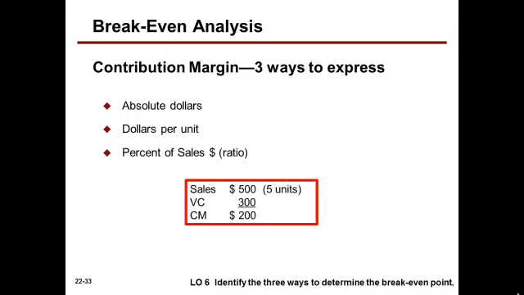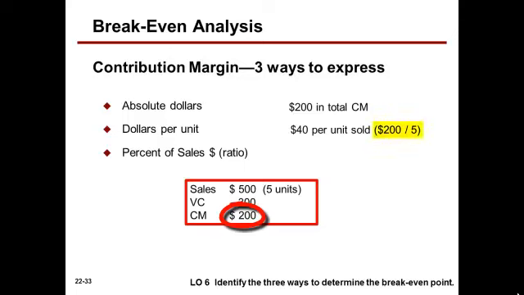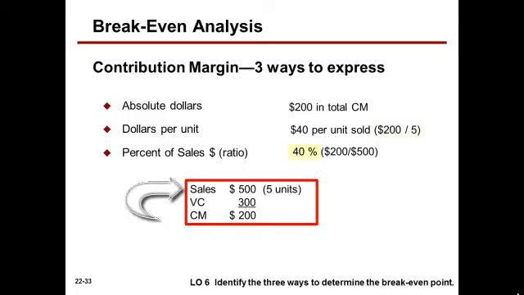Our variable costs are $300. Contribution margin in total is $200. So in absolute dollars, our contribution margin is $200. Our contribution margin on a dollars per unit basis is $40. That is $200 divided by our 5 units sold. Or our contribution margin as a percent of sales is $200 divided by $500, or 40%.